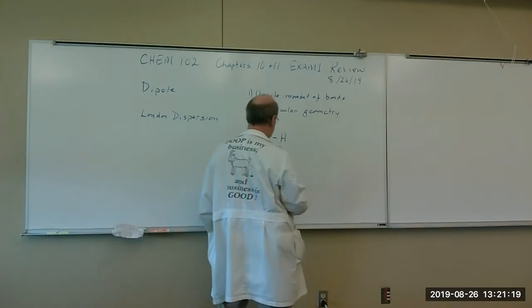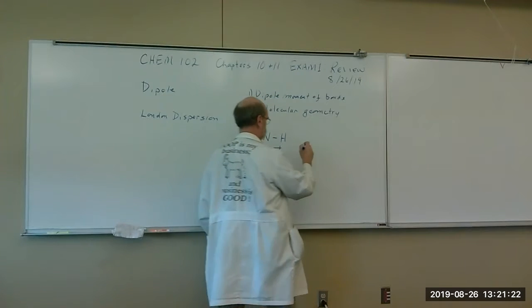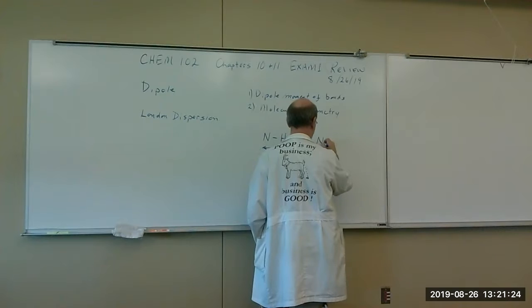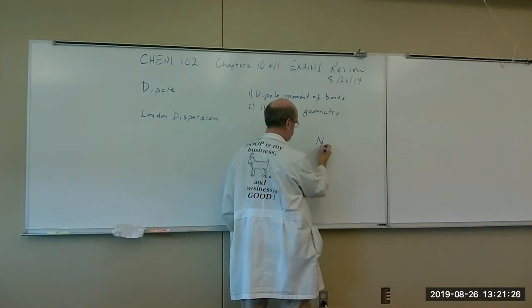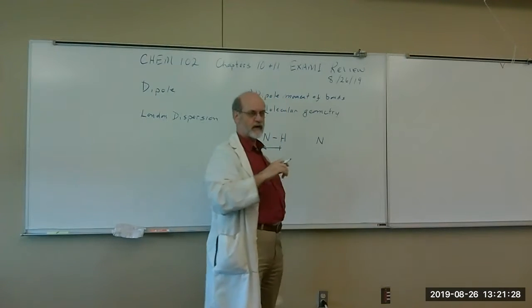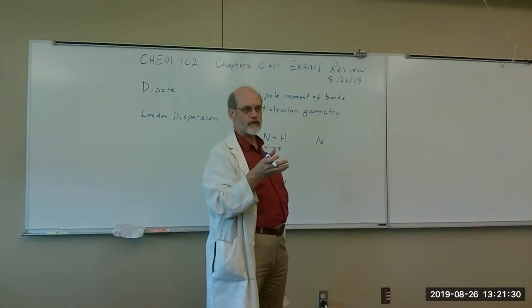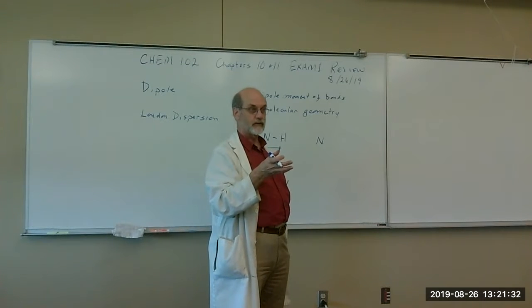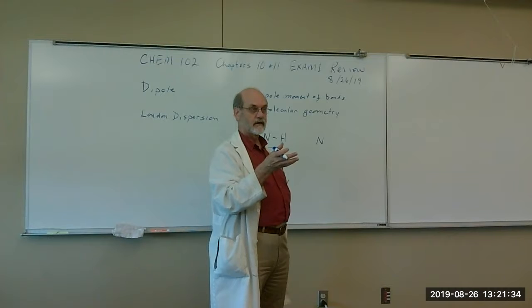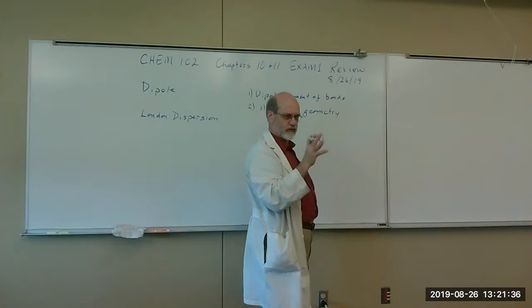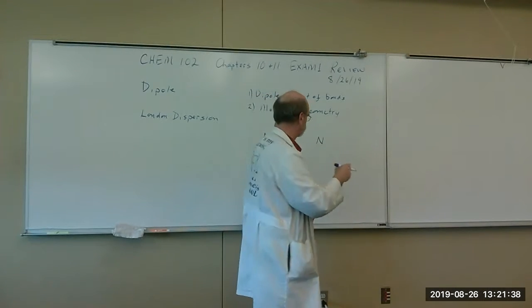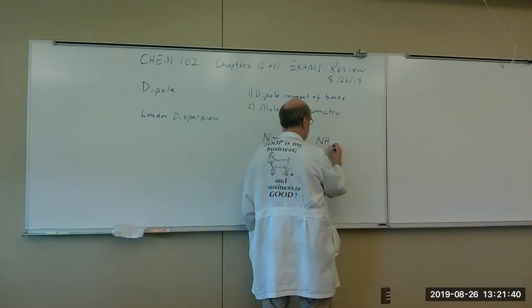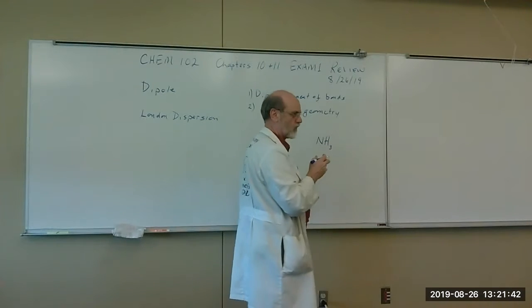So if we have, say, ammonia, remember how to draw Lewis structures? Can we do that? We did do that. Okay. I just want to be sure that we've done it once, so this is the refresher. So if we have ammonia, what's the Lewis structure for ammonia?